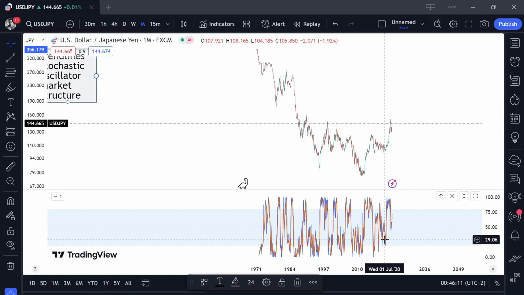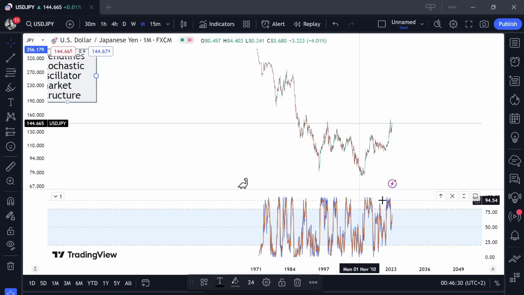Down below here, level 20 means oversold, and level 80 means overbought. So this is the stochastic oscillator for you.